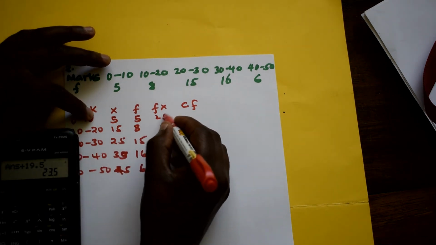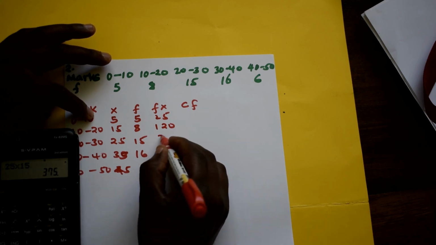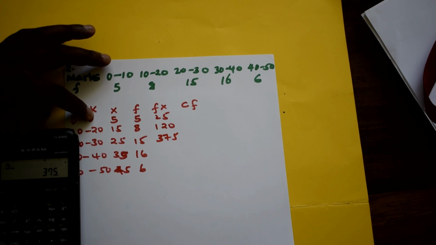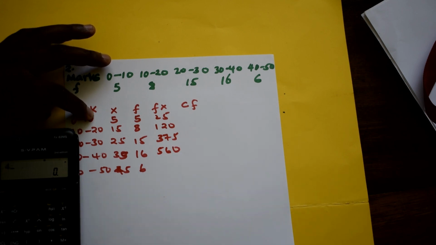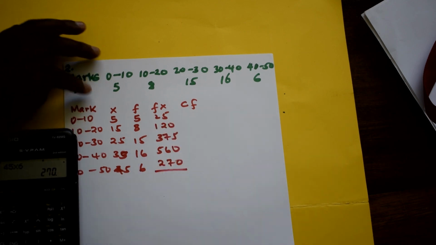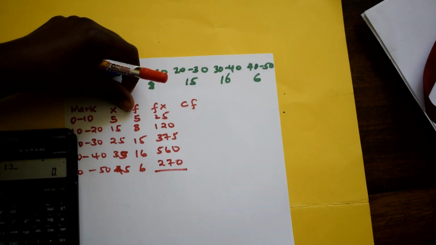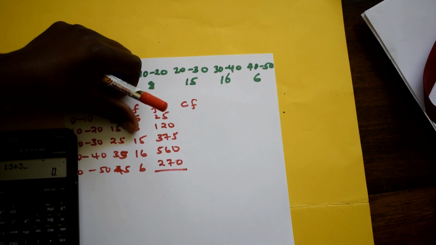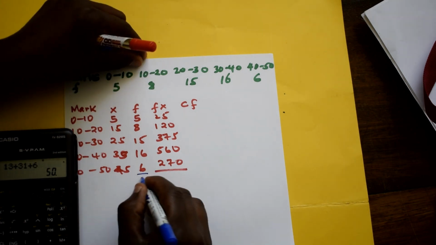So here you have 25, 120, 25 times 15, 375, 35 times 16, it was 560, and we have 45 times 6, it was 270. The total for f will be 50.